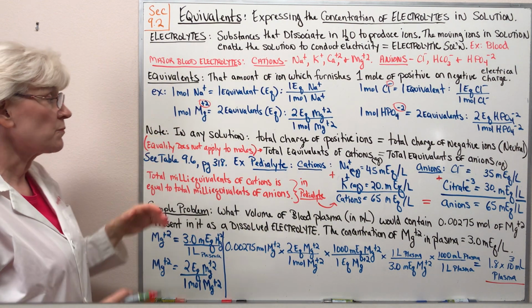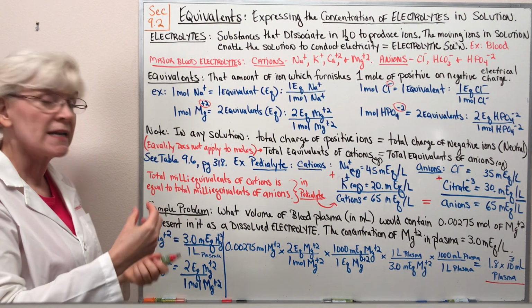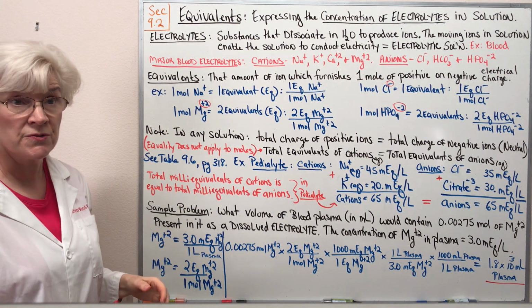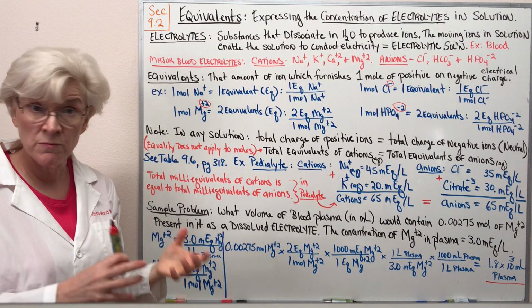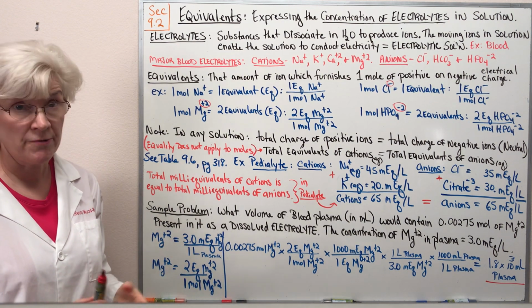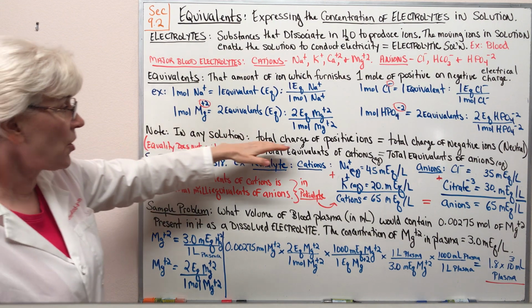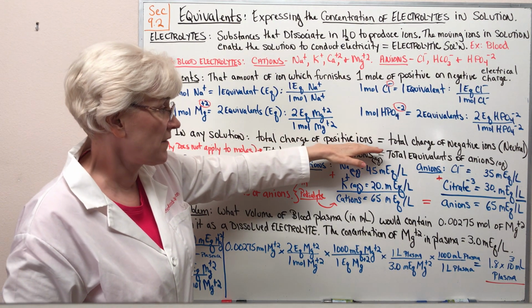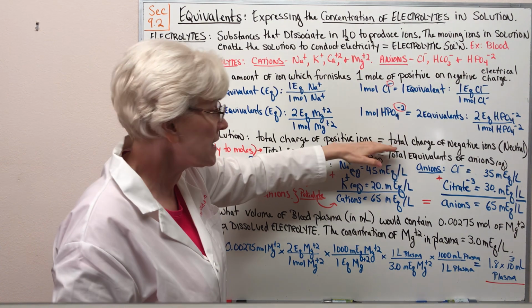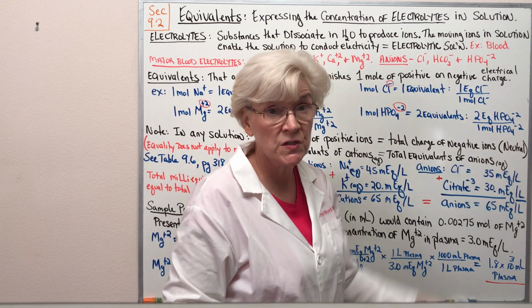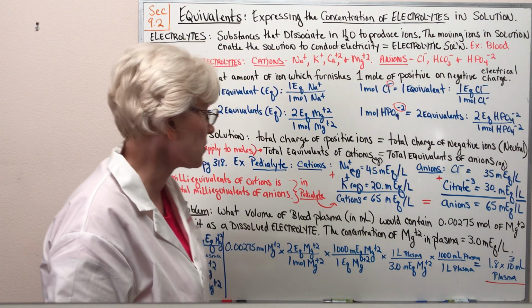This is an important principle, and it is the reason why the concept of equivalence is used instead of just staying with the mole amount, which you are already familiar with. In any solution, the total charge of positive ions present has to equal the total charge of negative ions present. In other words, the solution has to be neutral.